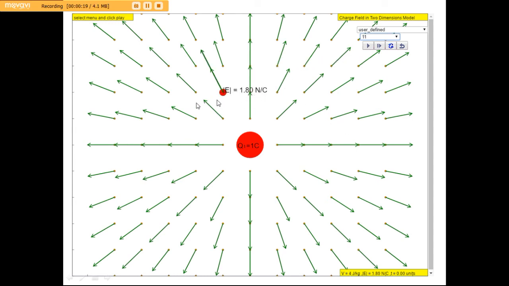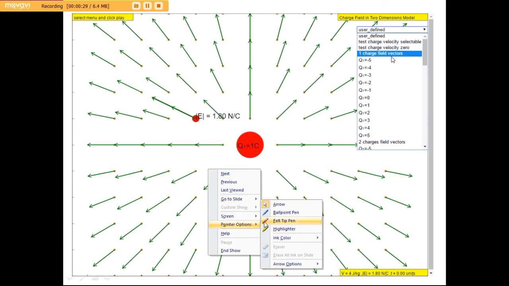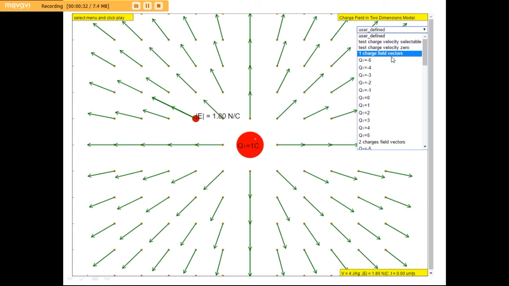Suppose another test charge q0 is coming into the field of this q1, at a point P. This is the distance between them, and here we can get an electrostatic force, obviously.